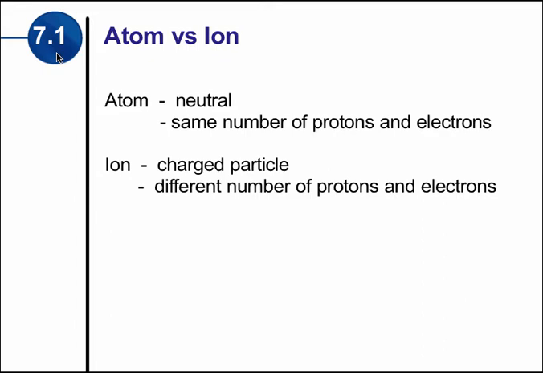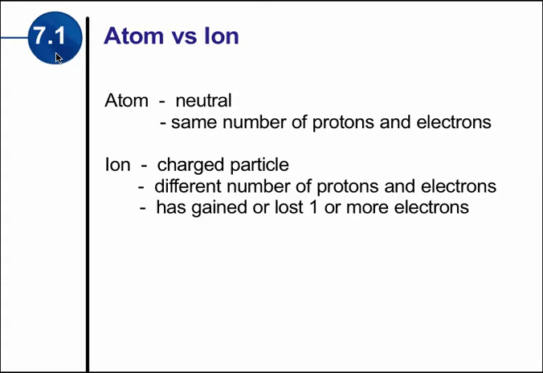Now, the important thing to remember from an ion is that the proton number doesn't change. It is a gain or loss of one or more electrons. That's how an ion gets its charge. It's either going to gain an electron or lose an electron and become more positive or more negative.